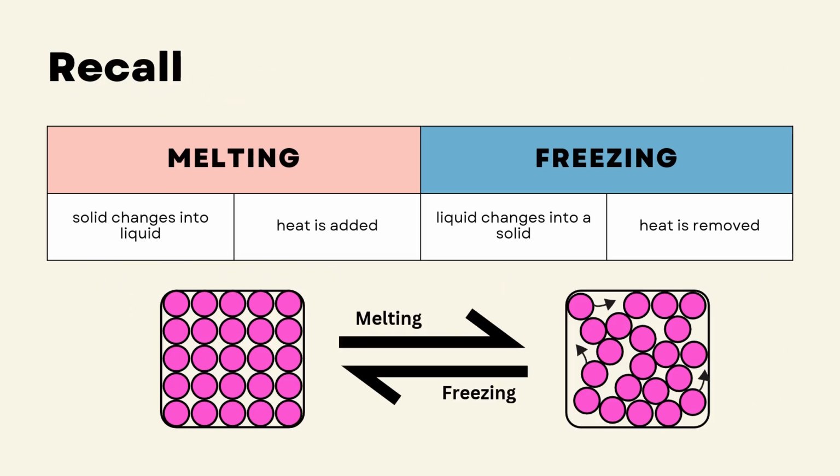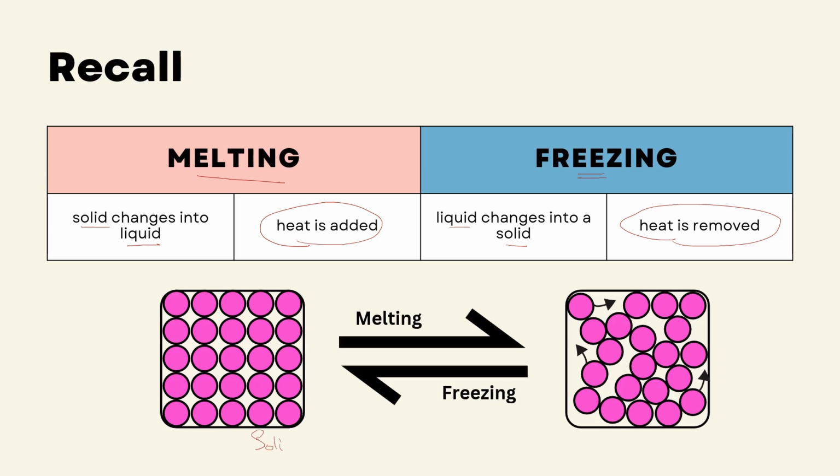A quick recap of what we studied till now. First, we studied melting, where solid changed to liquid when heat was added. Whereas for freezing, liquid changed to solid when heat was removed. It means that these are reversible processes.